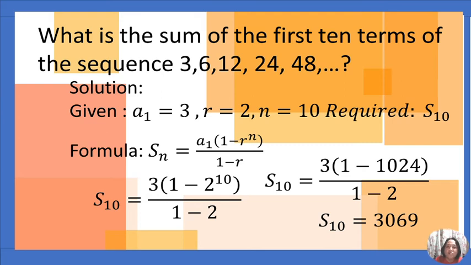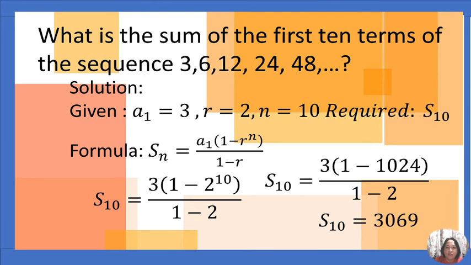So by substitution, you have the number of terms is 10. So you are required to get the sum of the first 10 terms. The common ratio is 2 and the first term is 3. So you have S sub 10 equals 3 times the quantity of 1 minus 2 raised to 10, all over 1 minus 2. 2 raised to 10 is 1024.